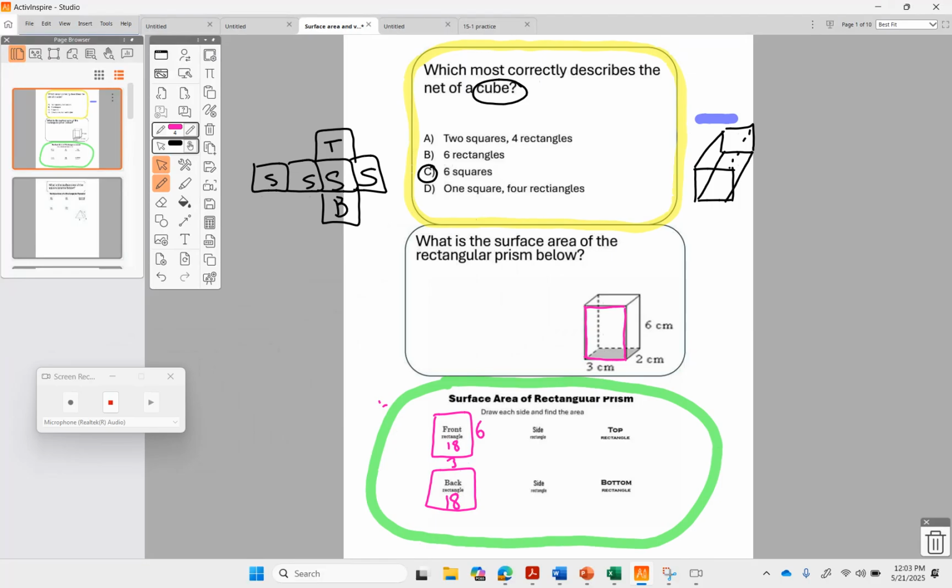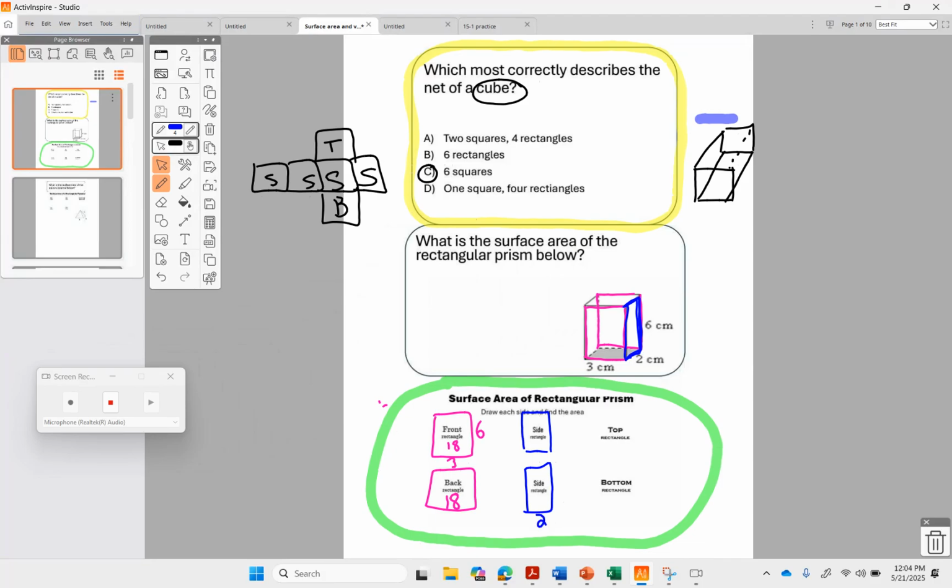Now, we have 2 sides. So for instance, if this is the front, and that back there is the back, then this is the side. And the side is 2 centimeters by 6 centimeters.